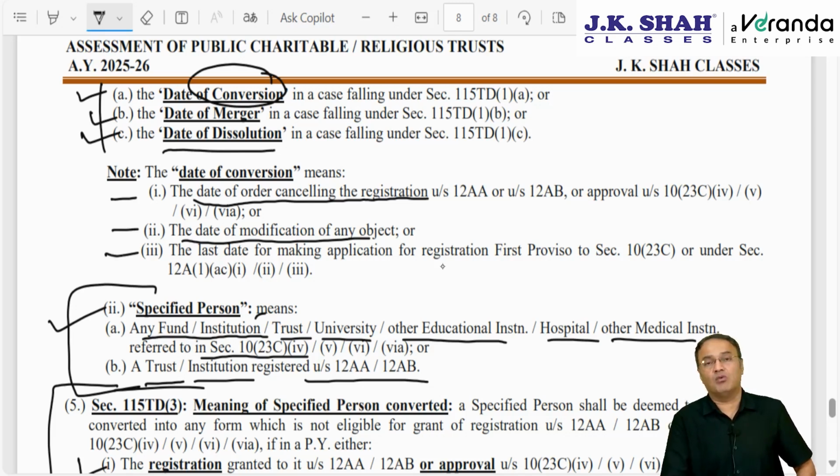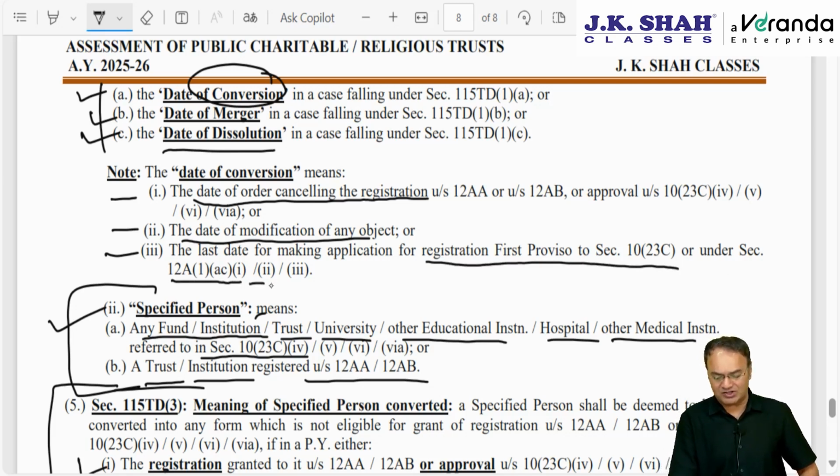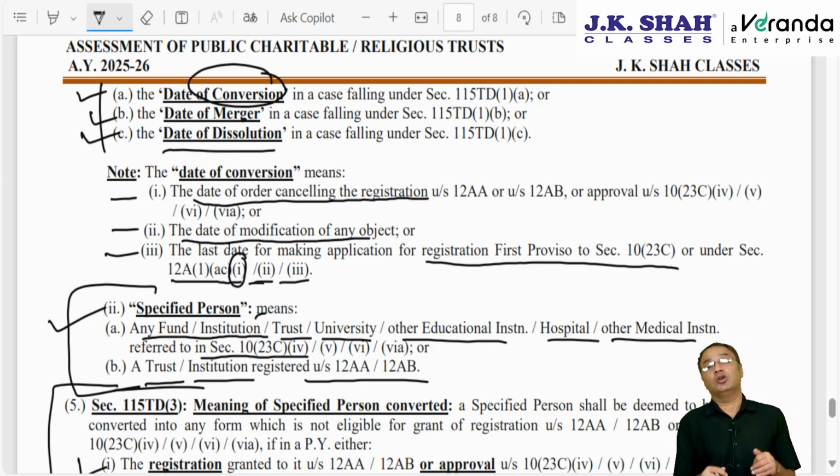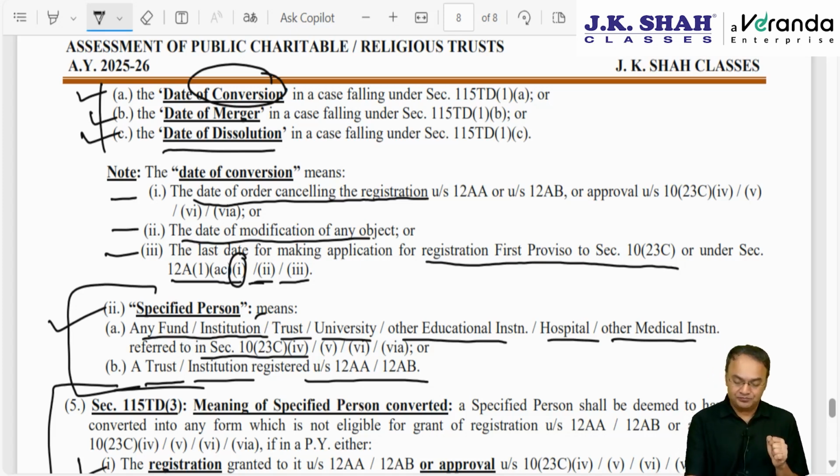And third, whatever is the time limit, the last possible day to apply for registration under first proviso to 12A(1)(ac), subclause 1, 2, 3. For subclause 1, the last date was 30th June 21. Now as per CBDT's circulars, it is 30th June 24.